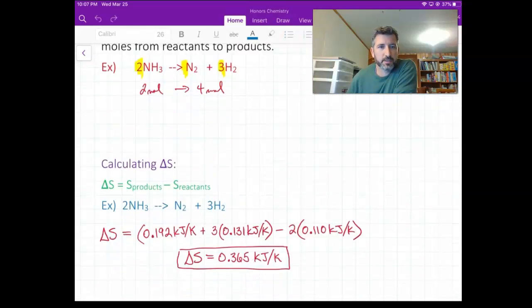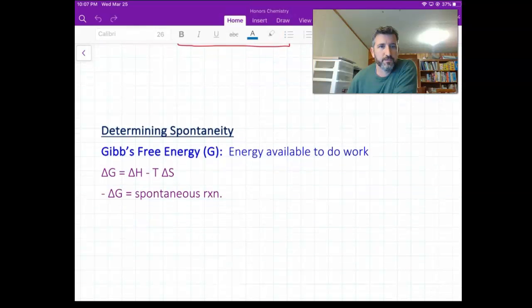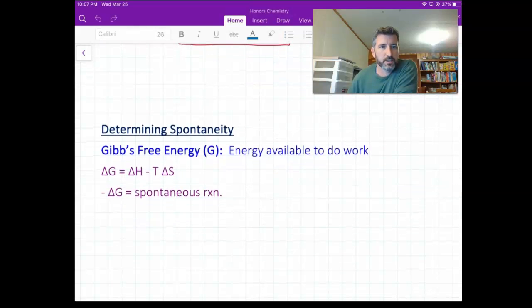We even did some calculation in addition to talking about entropy, which is just randomness. We got into doing some calculations of free energy. So you get this equation, delta G equals delta H minus T, temperature, times delta S. And if our answer when we do that calculation, a pretty simple little calculation, is negative, you have a spontaneous reaction, one that happens without the need for a lot of help.